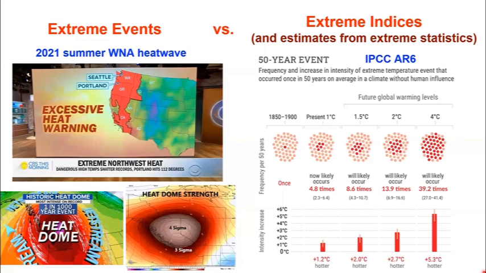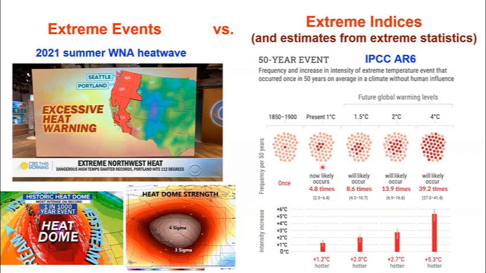For example, this on the right-hand side here from the IPCC report typically uses the so-called annual maximum temperature. So for 1 year, you take one value, and then you use that with extreme value statistics. You can derive the 50-year event in terms of return level or return period, for example.